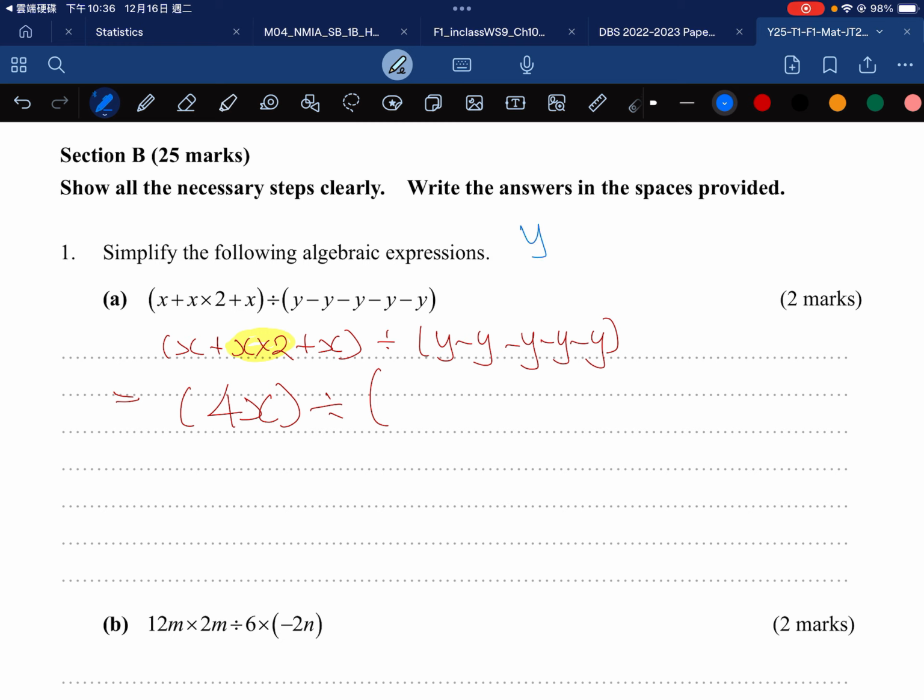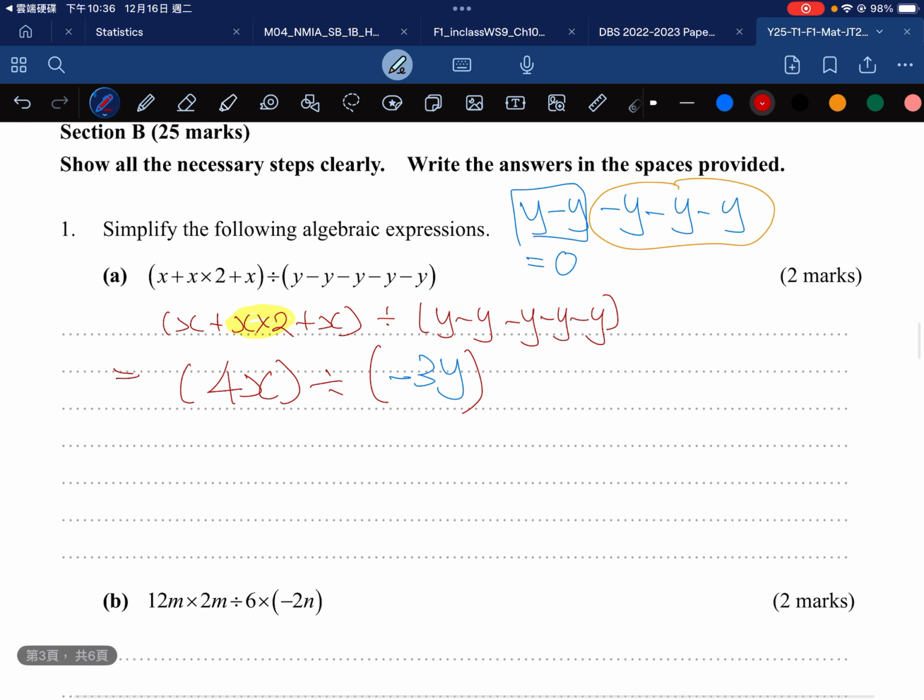For y minus y minus y minus y, the first 2 are combined as 0. So we have only 3y at the end, and they are all minus in front of them. So at the end, we have minus 3y.